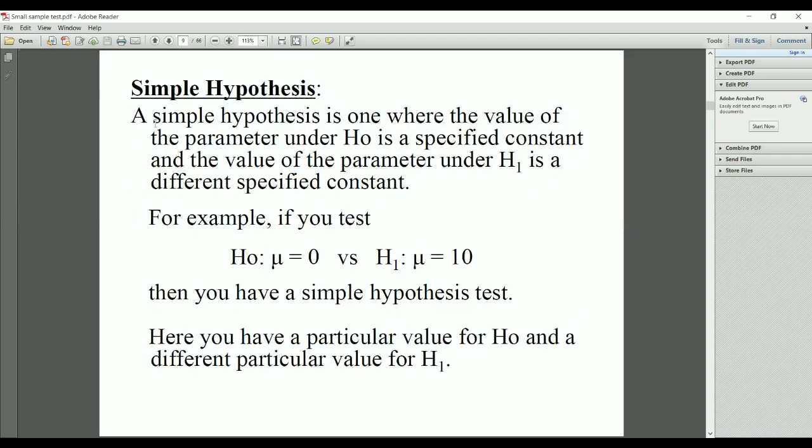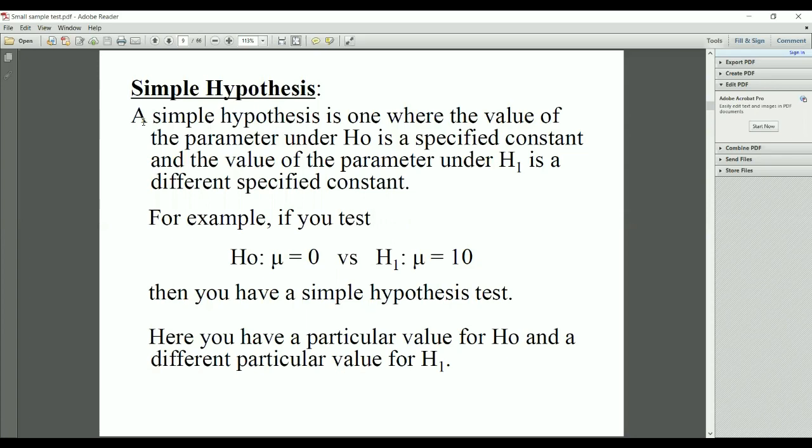Now, simple hypothesis. A simple hypothesis is one where the value of the parameter under H naught is a specified constant, and the value of the parameter under H1 is a different specified constant. For example, H naught: mu is equal to 0, and H1: mu is equal to 10.